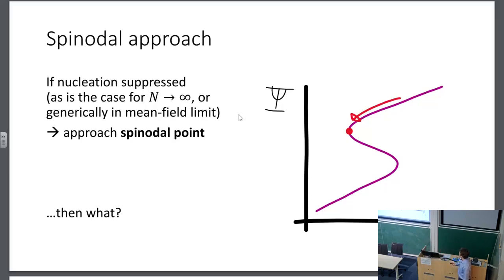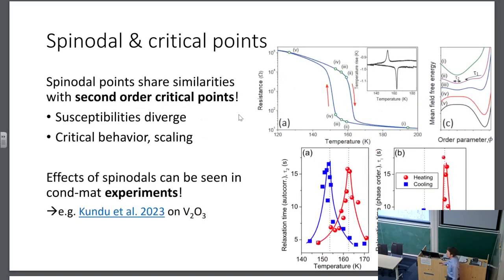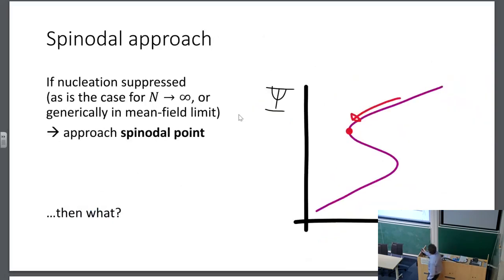So these spinodal points are interesting because they are similar in some ways to critical points of second order transitions. Okay? So very naively, in a second order transition, on a curve like this, the derivative of this curve also goes to infinity.